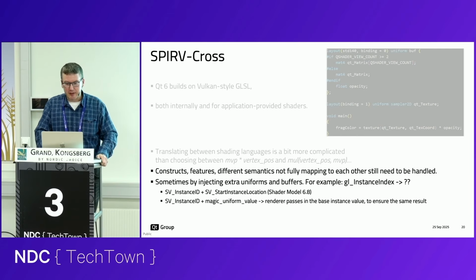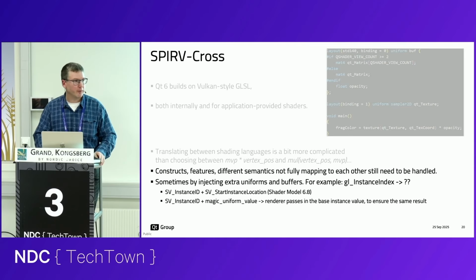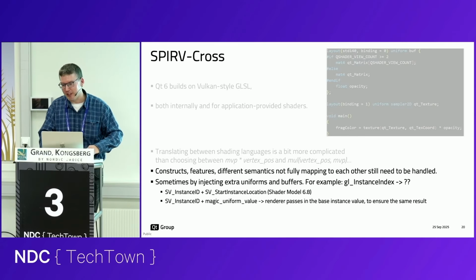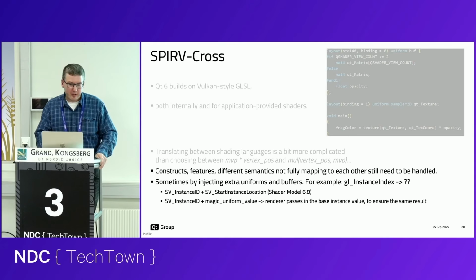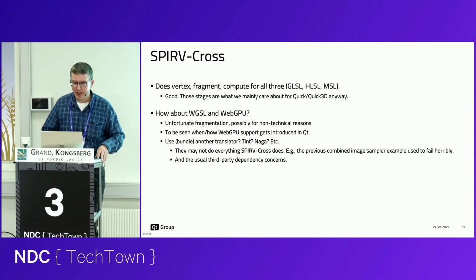So then it could generate a magic uniform, add that value, and whoever uses the HLSL shader will now pass in that base instance value there. Again, this is just to show that you have to know about this. The HLSL shader will not be functional if you don't know this and are not prepared to feed in all that magic extra stuff.